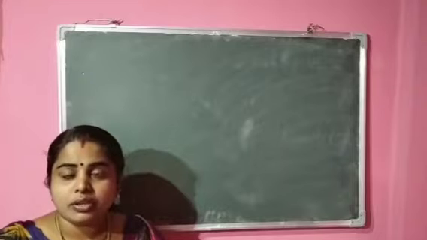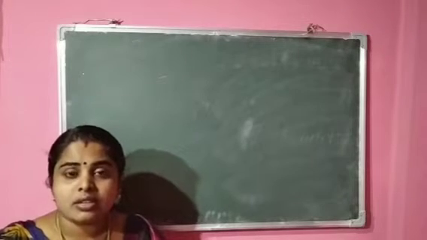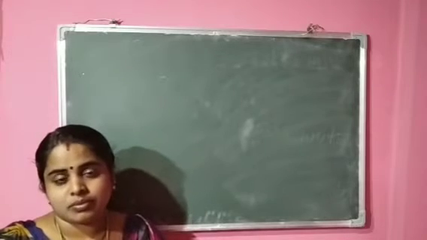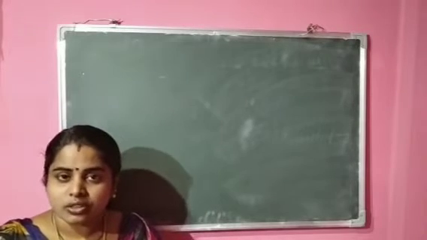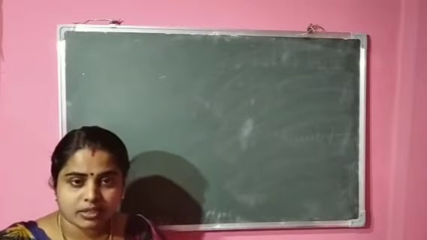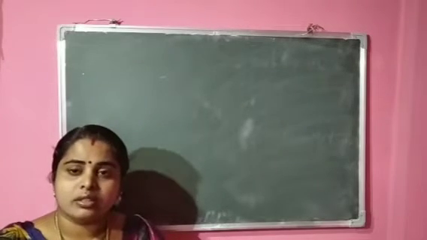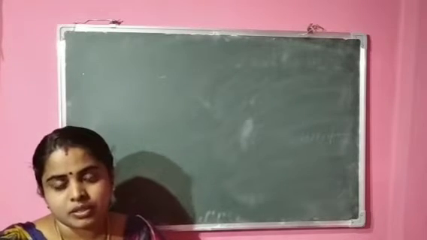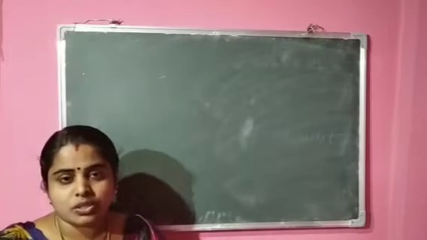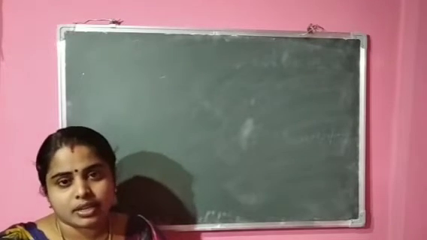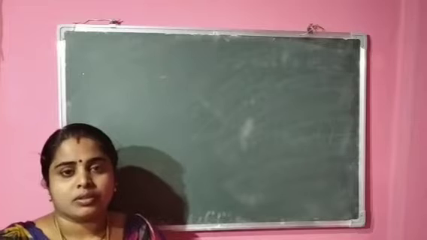Then we discussed what are the factors the magnitude of force depends on. First is strength of the current. Second one is strength of the magnetic field. And the third one is length of the conductor. These are the three factors which the magnitude of force developed on a current carrying conductor depends on.